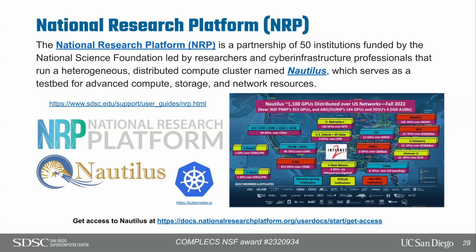So it's not just heterogeneity in the types of GPUs you can access, but in the different types of compute resources beyond GPUs as well. It's another interesting resource to check out.